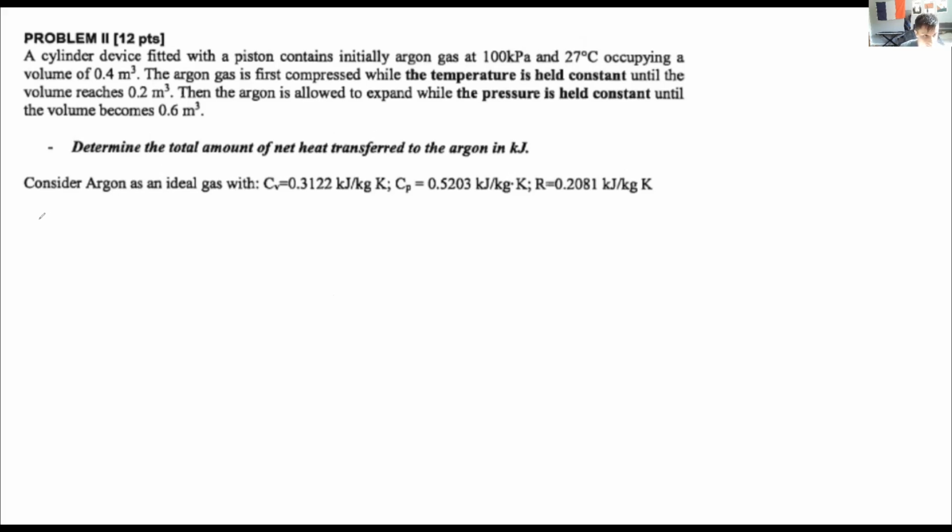So same method as before. What I like to do, state one: P1 is equal to 100 kilopascal, T1 equal to 27 Celsius, which if you convert to Kelvin is just 300, and a volume of 0.4 meters cubed.